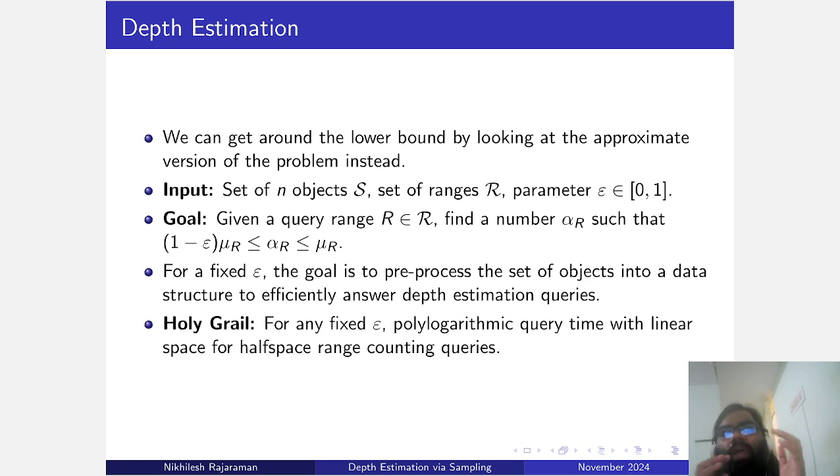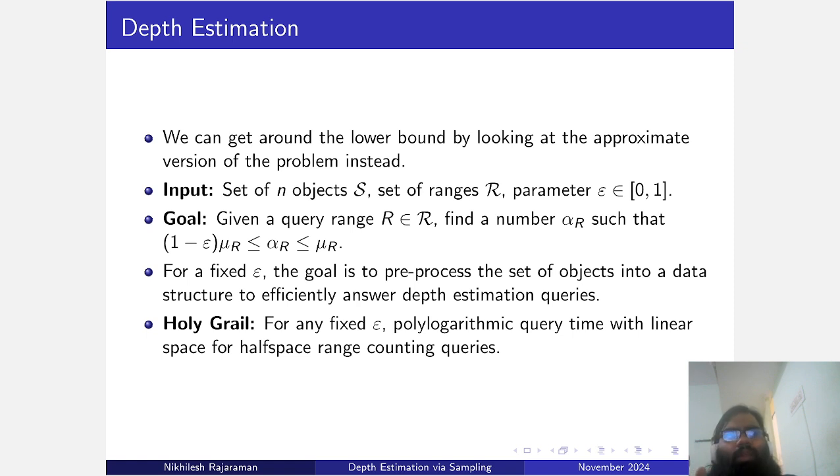So now the big question we really have to answer is, does switching to this approximate problem even help? In particular, for half space range counting queries, we saw that with linear space, we can only achieve n to the power of 2 by 3 query time. But now if we allow for some fixed multiplicative error, if we fix some constant value of epsilon, can we bring this query time down?